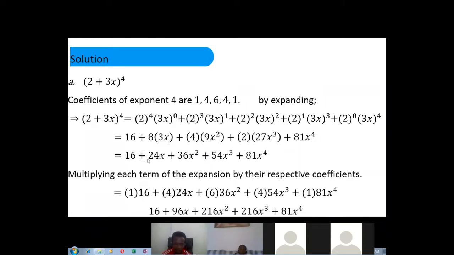So after expanding using this method, we have to finally multiply each term by their respective coefficients listed above. So when we simplify, that will give us 16 plus 96x plus 216x squared plus 216x cubed plus 81x exponent 4.